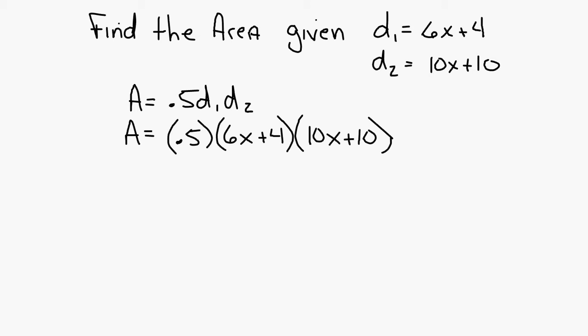So this is multiplication. The first thing you can do is distribute this 0.5. 0.5 times 6x is 3x, and 0.5 times positive 4 is positive 2. And now you can just drop down your 10x plus 10.